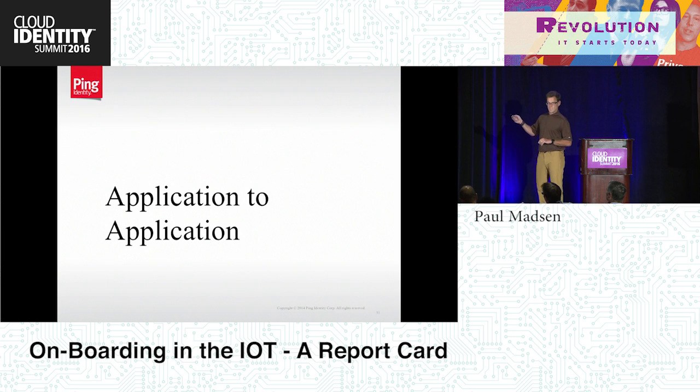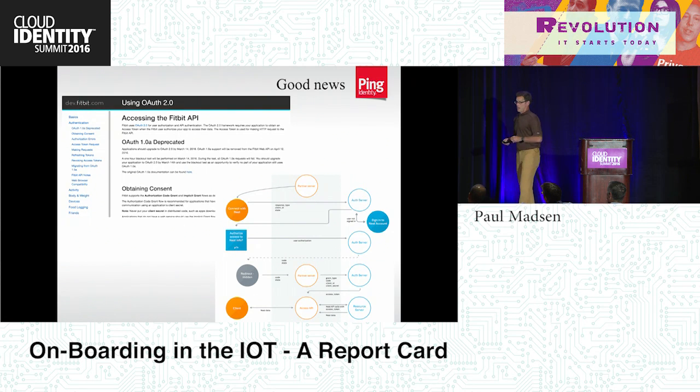And lastly, the one that I think we have the best handle on, because we've been working on it the longest, is application to application. In the IoT, I think it's encouraging that the default mechanism by which these wearables and smart home providers secure their back-end APIs, perhaps not the API by which the devices authenticate to their cloud, but the mechanism by which they secure the APIs they offer up to third parties, is OAuth 2.